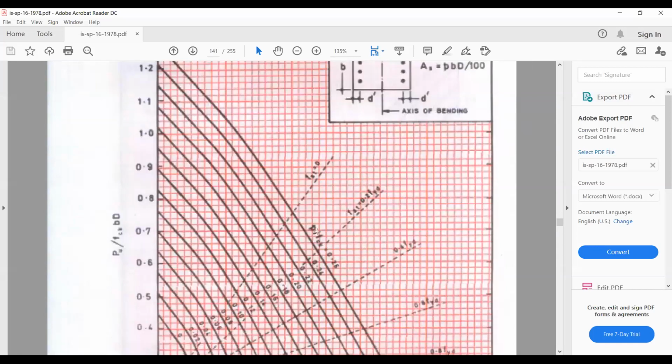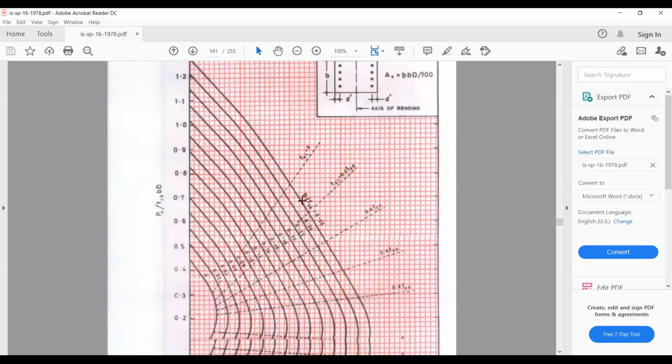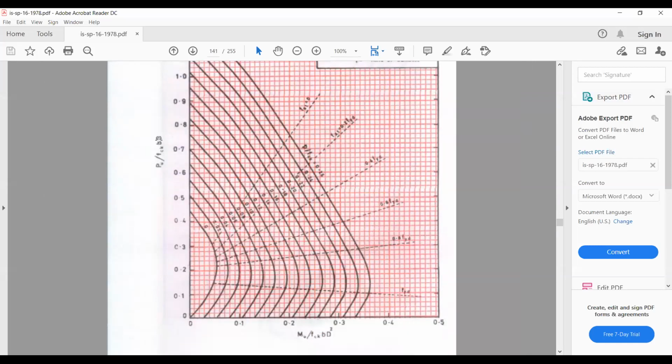Okay, so here Pu by fck b d is how much? 0.28. So 0.28 somewhere here, right? Are you able to see what I'm highlighting? Yes, sir.